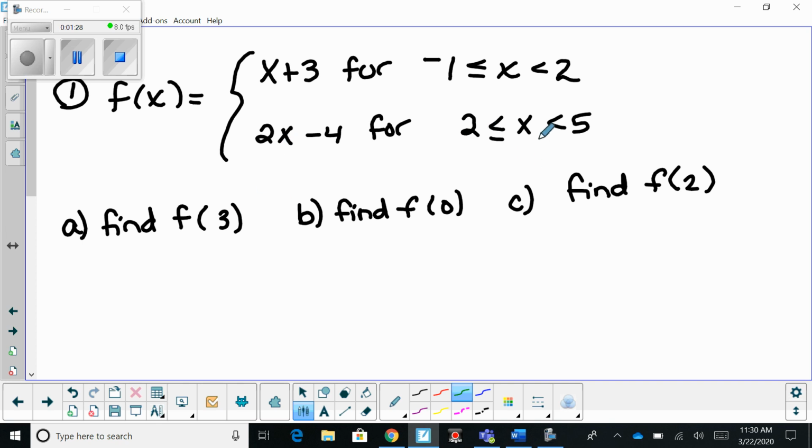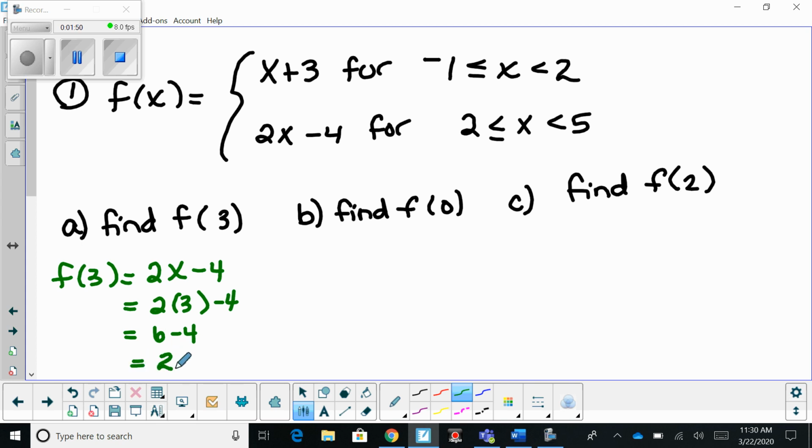Well, 3 falls in between 2 and 5, so I'm going to plug 3 into the bottom half of this function. 2x minus 4, 2 times 3 minus 4, and then I'm just going to find the value. 2 times 3 is 6, 6 minus 4 is 2. So f of 3 is equivalent to 2.